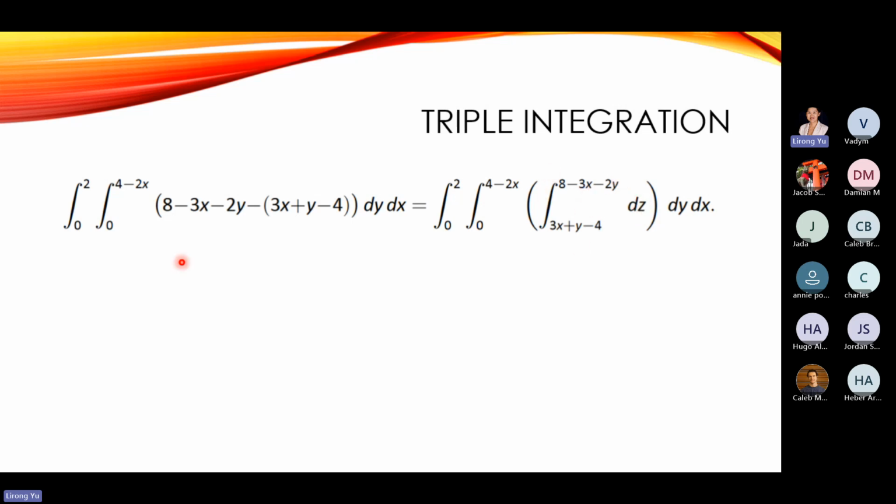So this integration will give you the top surface minus lower surface also. So you can think of this calculation also based on the triple integral. So that brings out the idea triple integral can be applied as volume calculation, just like the double integral can be applied for area calculation.